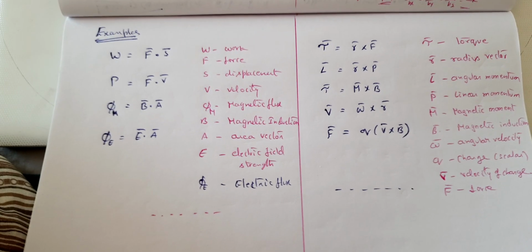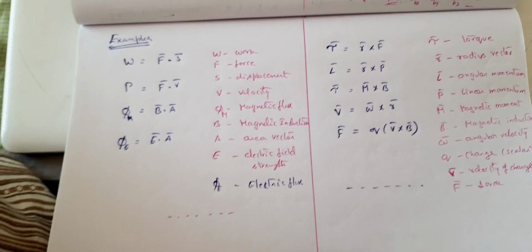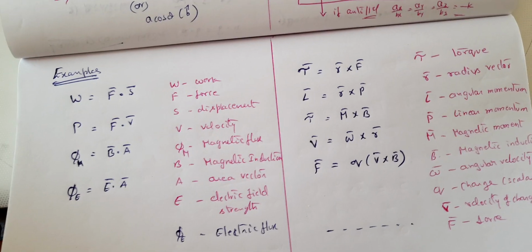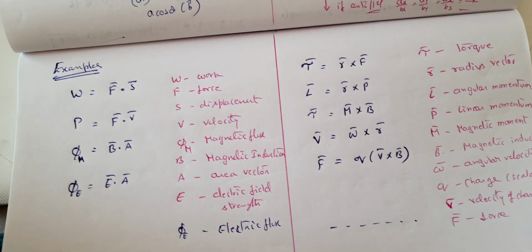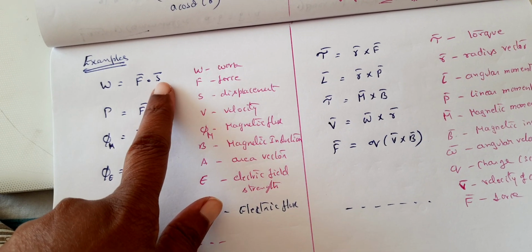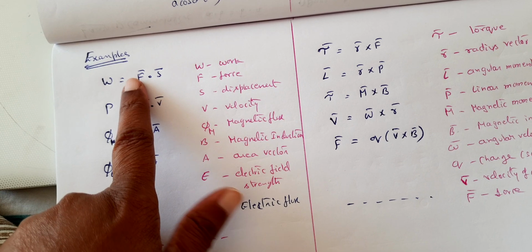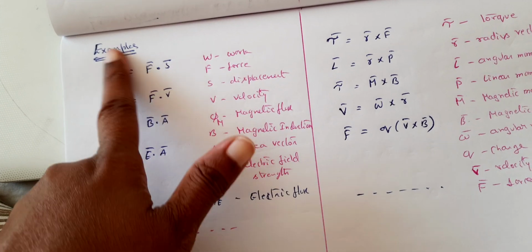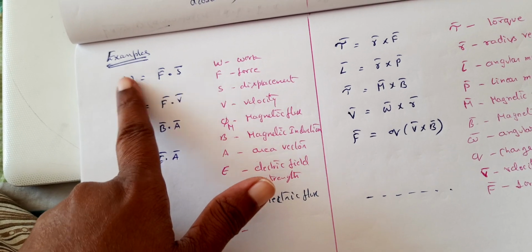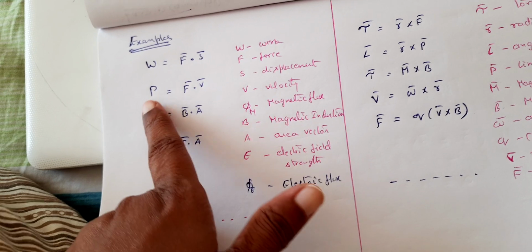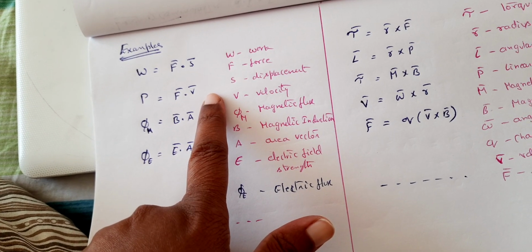Now here are a few examples where we use this concept of scalar product and vector product. Here are the examples of scalar product. Work done is equal to force into displacement. Force is a vector, displacement is a vector, but work is a scalar. So we need a multiplication where you can get a scalar, hence we are using dot product. Power is equal to force dot v bar.